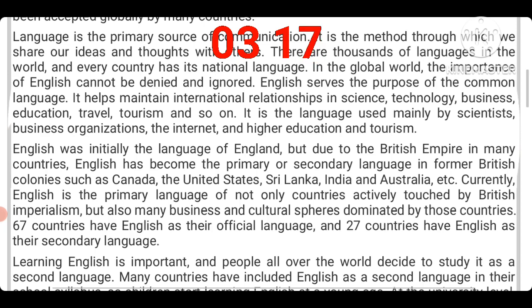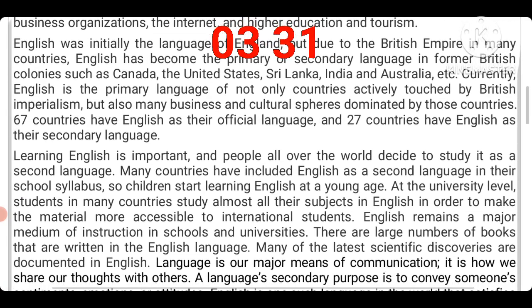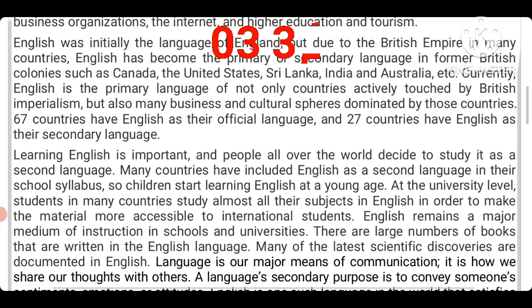67 countries have English as their official language, and 27 countries have English as their secondary language. Learning English is important, and people all over the world decide to study it as a second language.